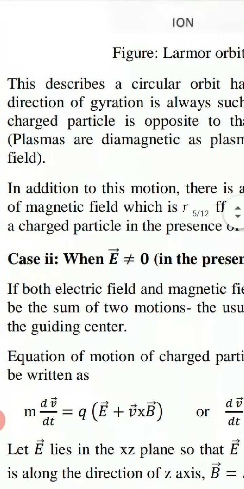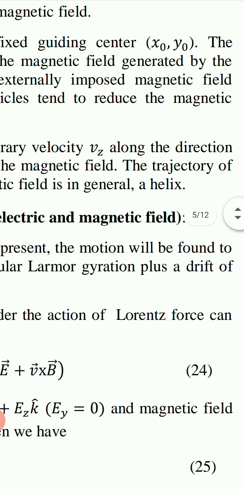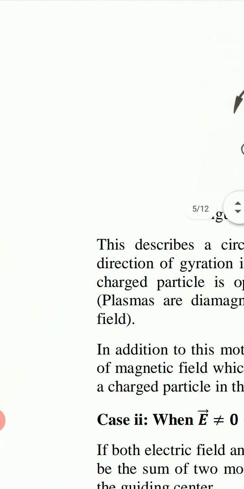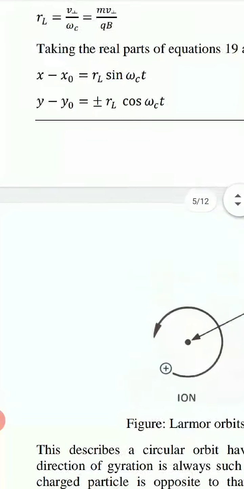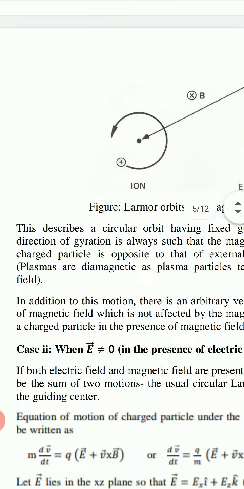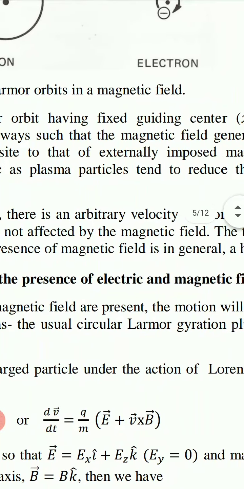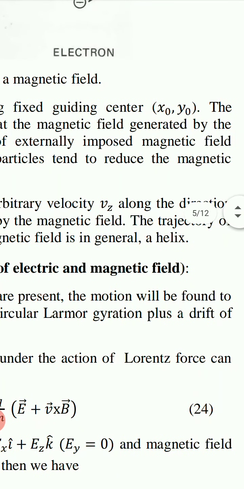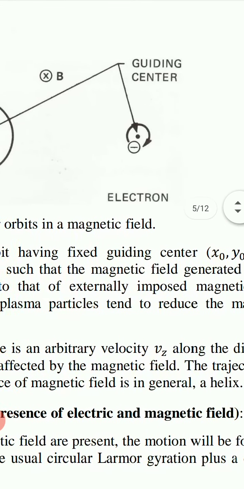These two equations for x and y describe a circular orbit having fixed guiding center x0, y0. x0, y0 is a fixed point known as the guiding center.